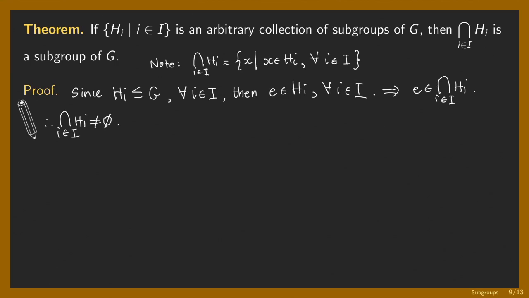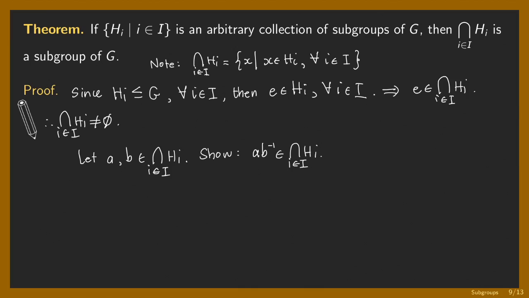Okay. Next, we will take arbitrary elements A and B in the intersection. In our minds, what we wanted to arrive at, we wanted to show that the product AB inverse is in the intersection.